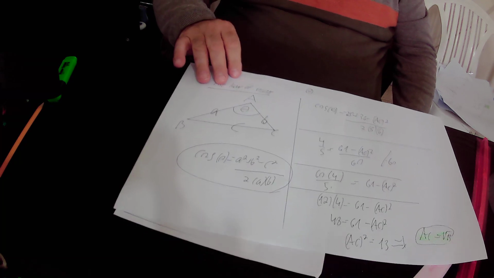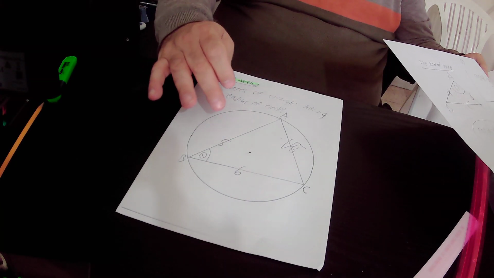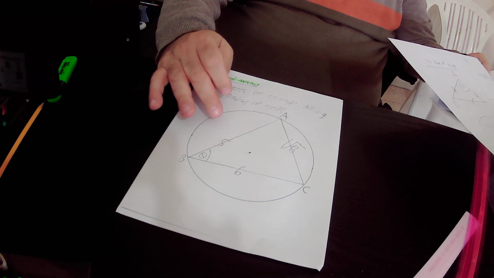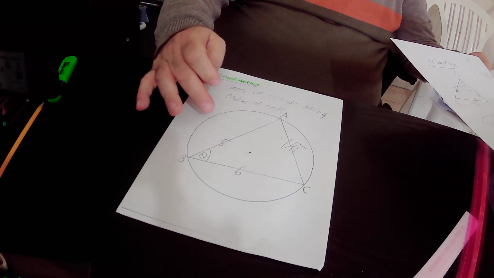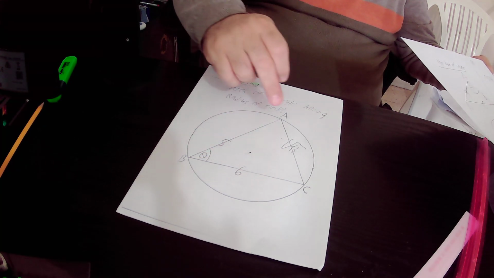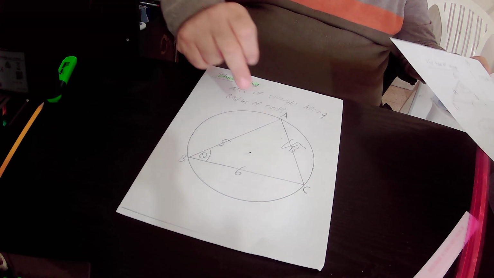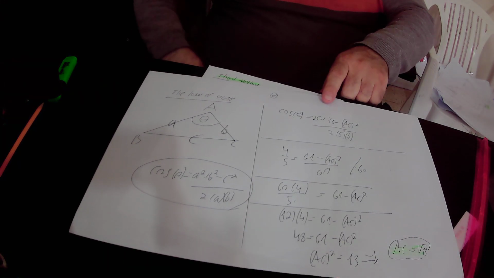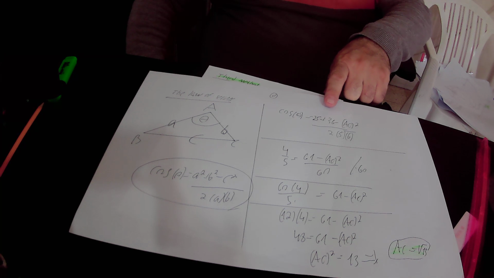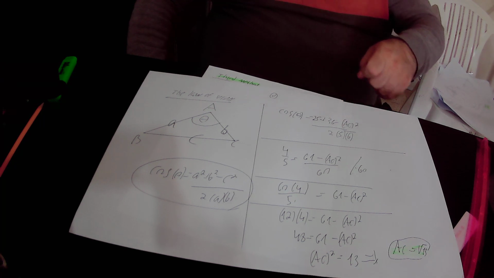Okay, so we implemented the law of cosines in our triangle ABC. According to the law of cosines, cosine theta equals 5 squared plus 6 squared minus AC squared over 2 times 5 times 6. Again, that is 5 squared, which is 25, plus 6 squared, which is 36, minus AC squared over 2 times 5 times 6.